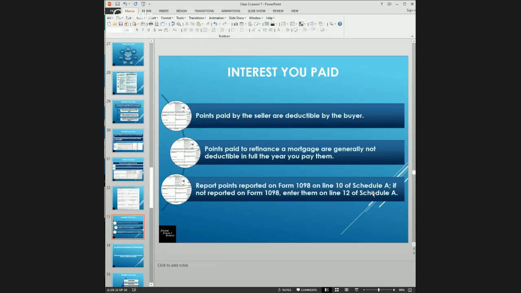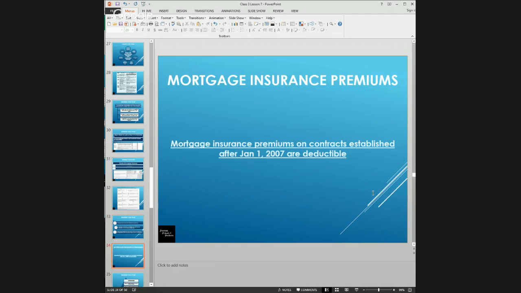In that instance, you're going to deduct things that are paid not as prepaid interest, in which case you would deduct the portion of the point that's relevant to that year. Any points that are reported on Form 1098 on line 10 would be reported on line 10. If they're not reported on line 10 on Form 1098, you could enter them on line 12.